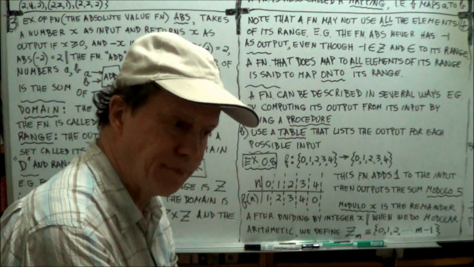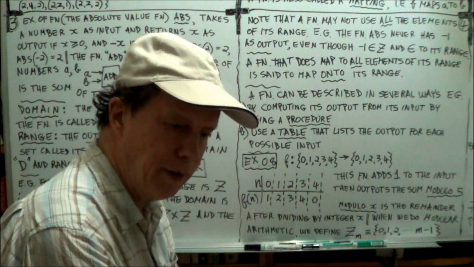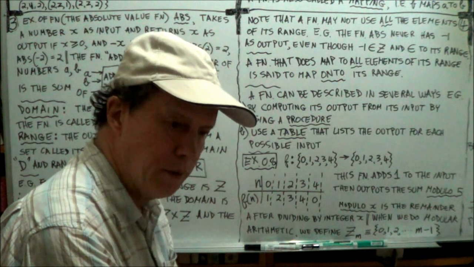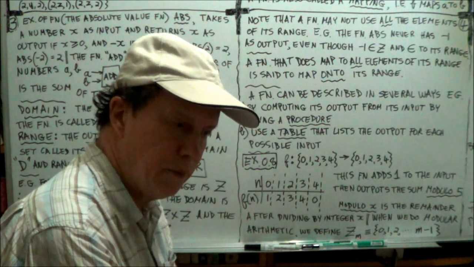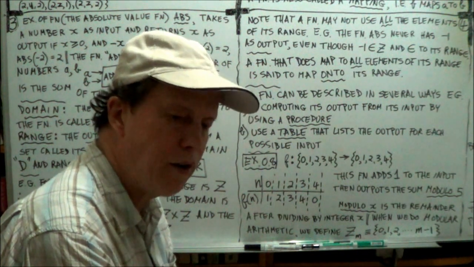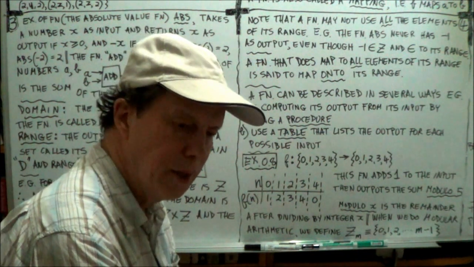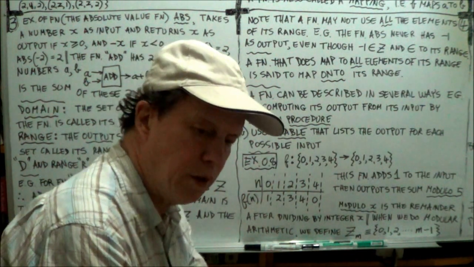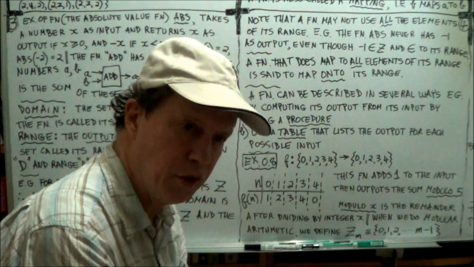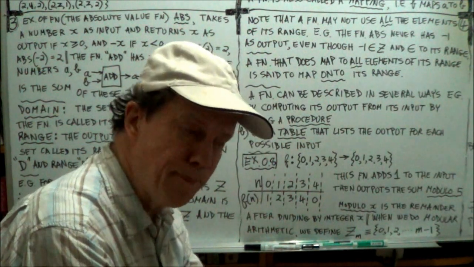So you don't have any unattached members of your range that are not mapped to, that are not used. Right?